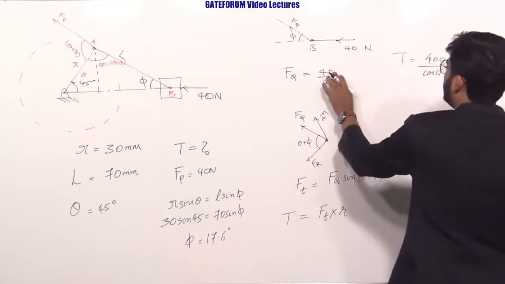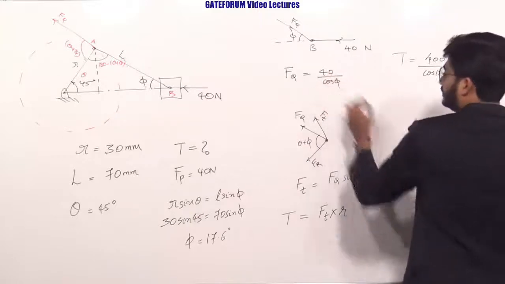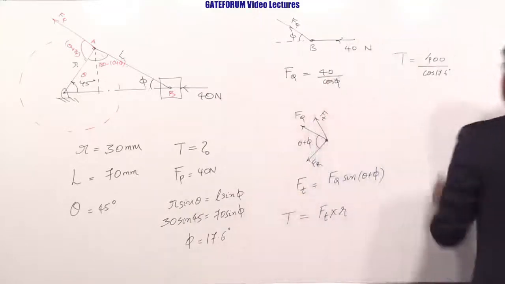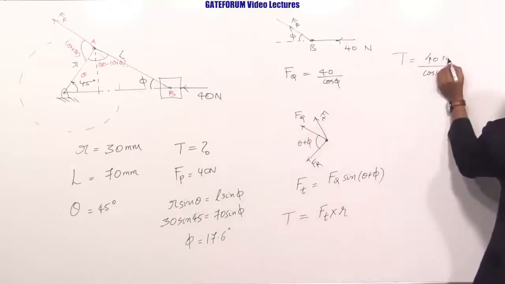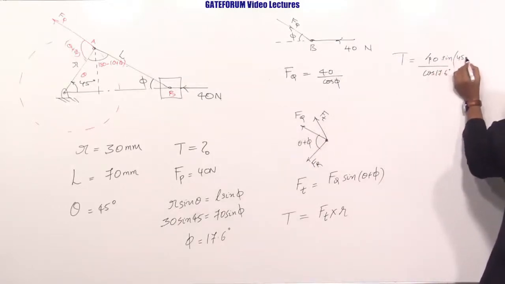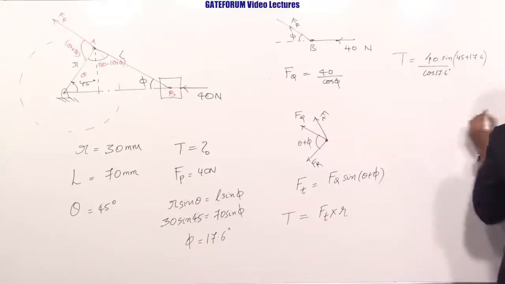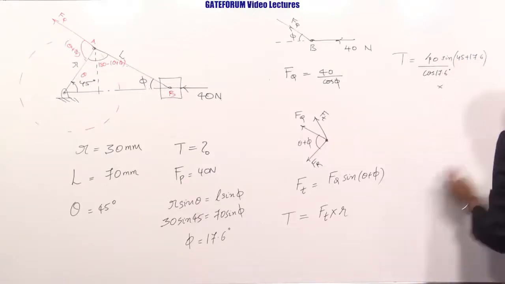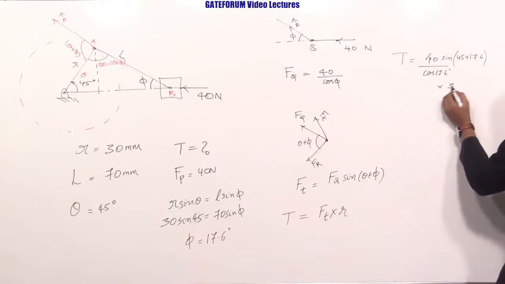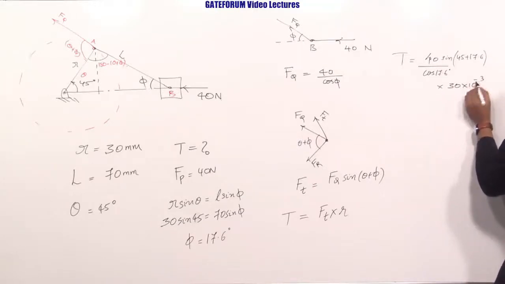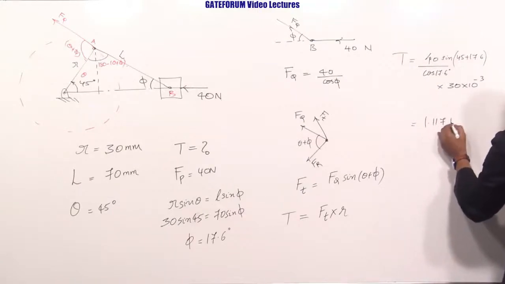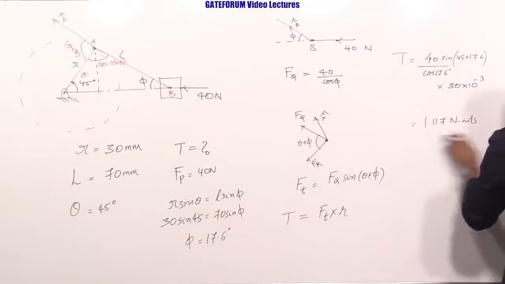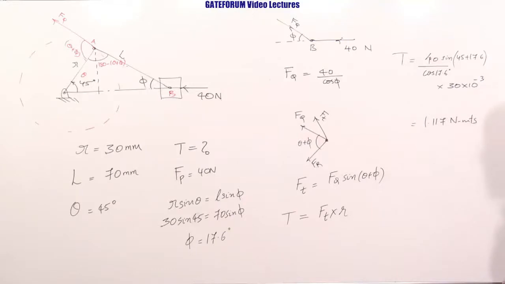So 40 by cos 17.6 degrees into sine of 45 plus 17.6 degrees, into the crank radius of 30 mm, that is 30 into 10 power minus 3. Upon solving this you will get 1.17 Newton meters of torque. Okay, this is the end of the answer.